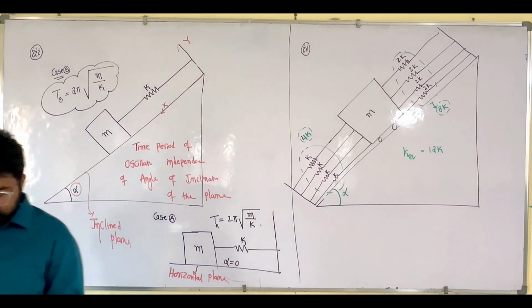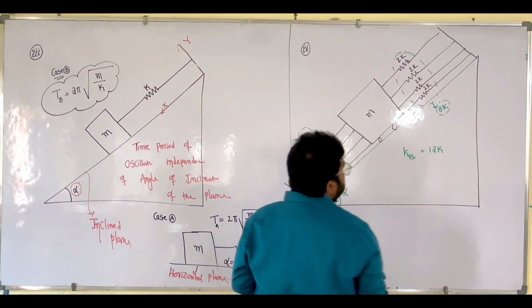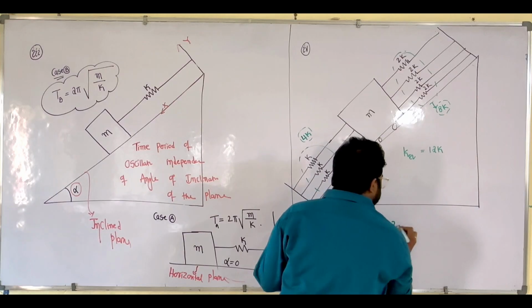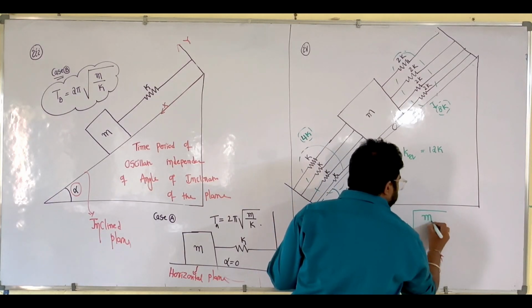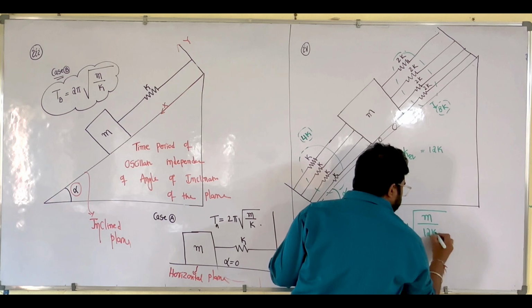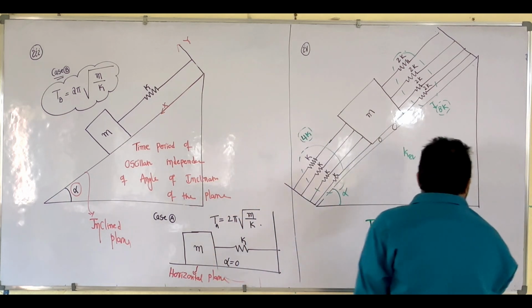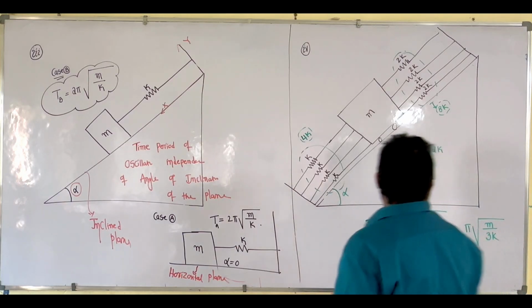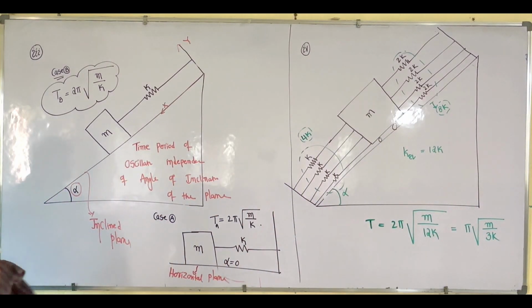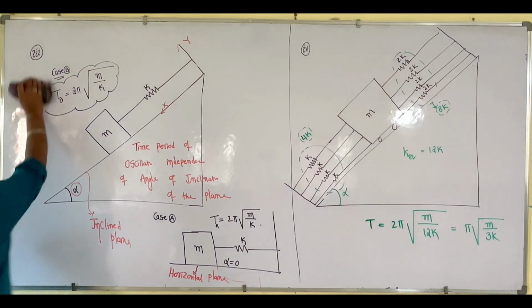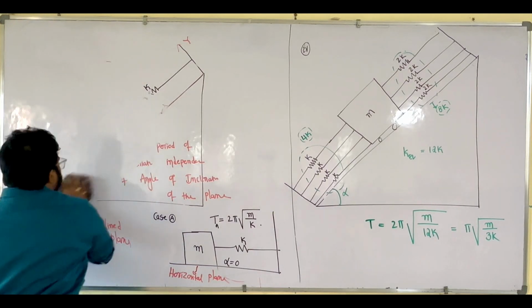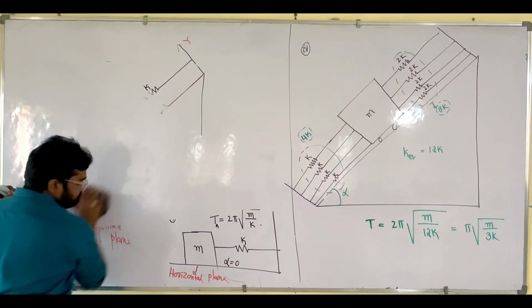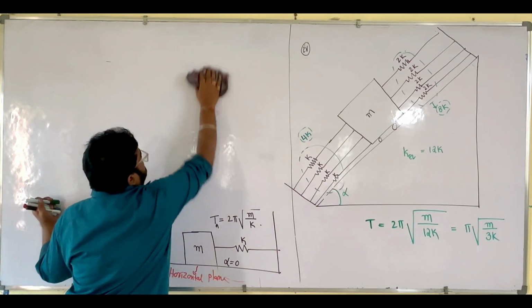What is the time period of oscillation? 2 pi square root of m by 12K, which equals pi square root of m by 3K. Clear? Understood? Next, write down.